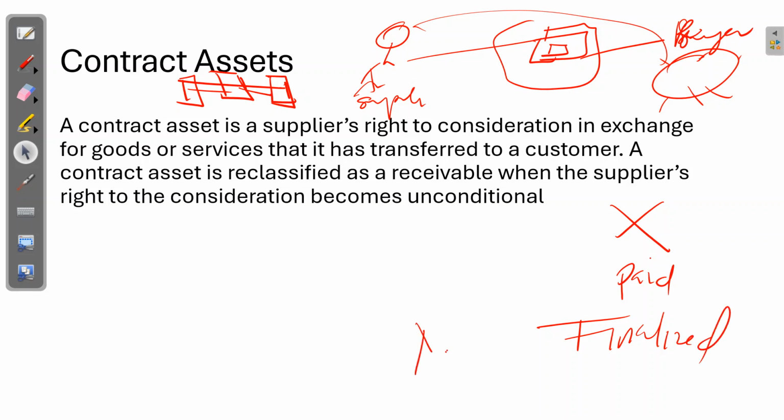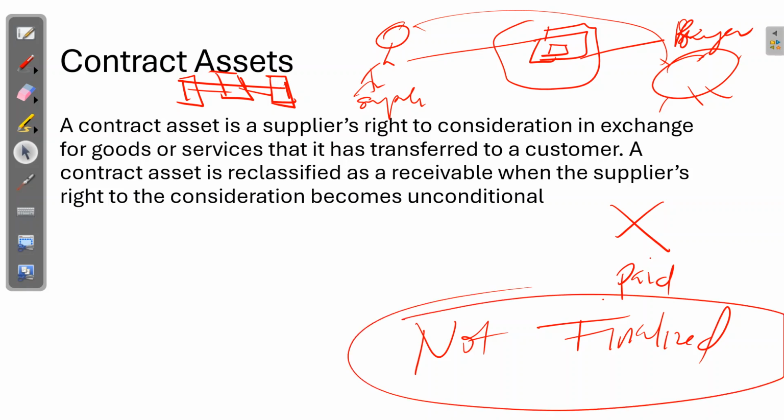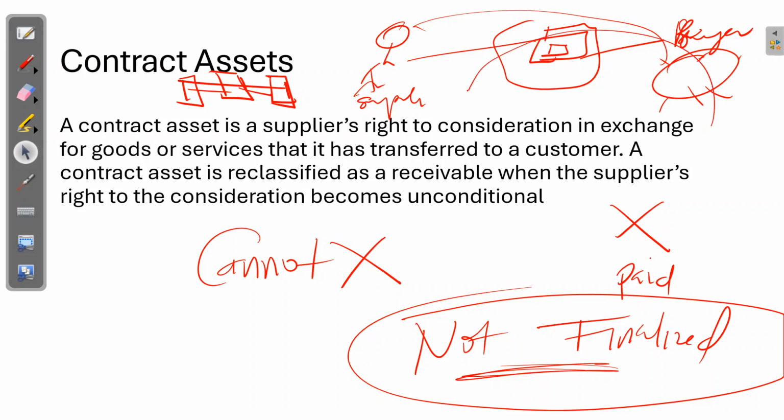Because the contract is not finalized, we cannot say it's a receivable. The customer can return the goods back to the supplier. So in such a situation, this becomes a contract asset.